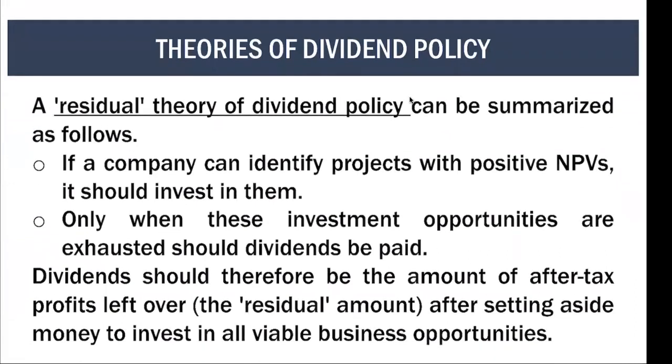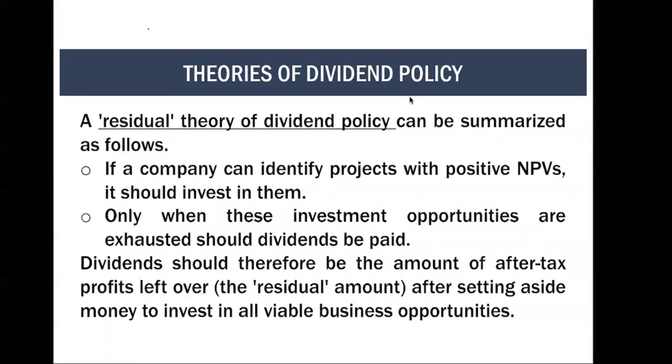Now, let's look into the different views and your different dividend policies. There are two theories of dividend policy: the residual and the traditional. Let's start with the residual. The residual dividend policy can be summarized as follows: if a company can identify projects with positive NPVs, it should invest in them.